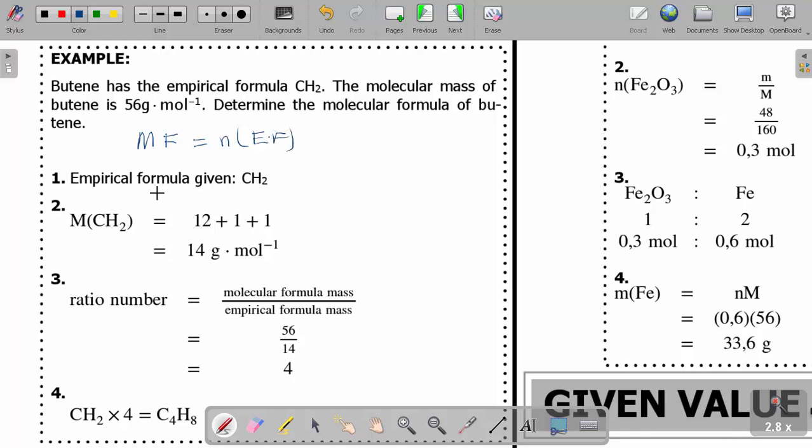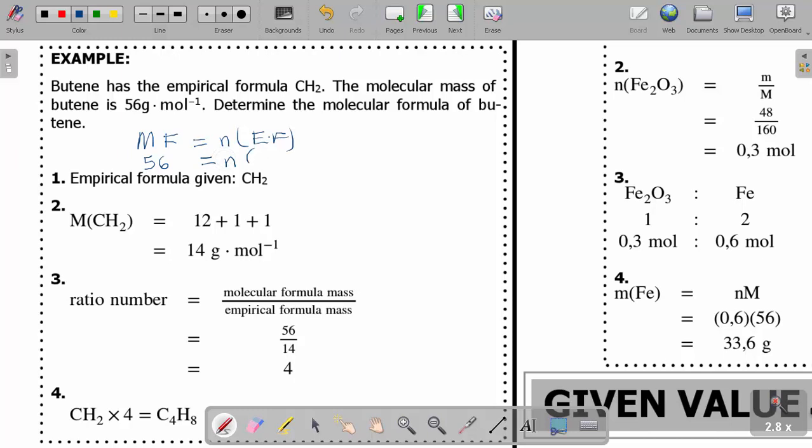So in this particular case, to get my molecular formula, I'm going to use the molar mass given to me, which was 56. That's 56 there, equals n.